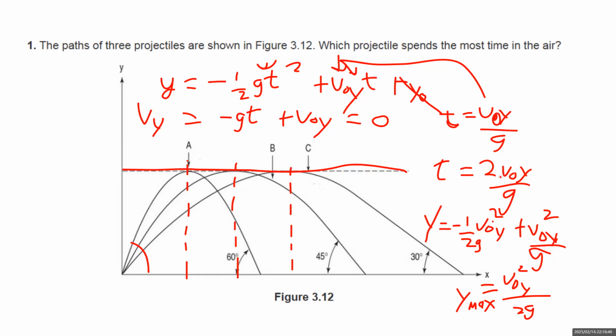So the answer is they're all going to hit the ground at the same time. The only thing that makes this different is the x component of velocity. In fact, if you launched something straight up with the same y component of velocity but 0 x component, it would hit the ground at the same time sans air resistance. Okay, assuming you could ignore air resistance, that is, assuming you can model it as a projectile.